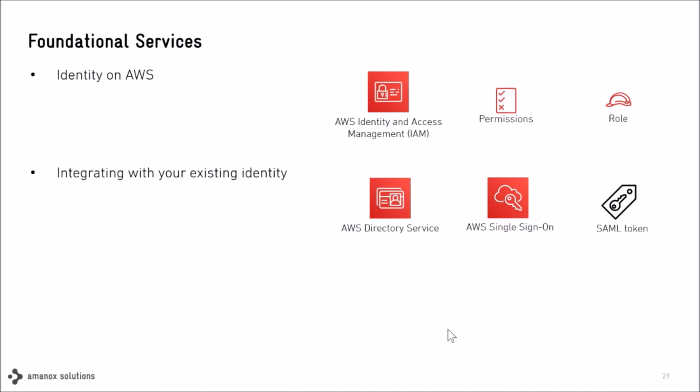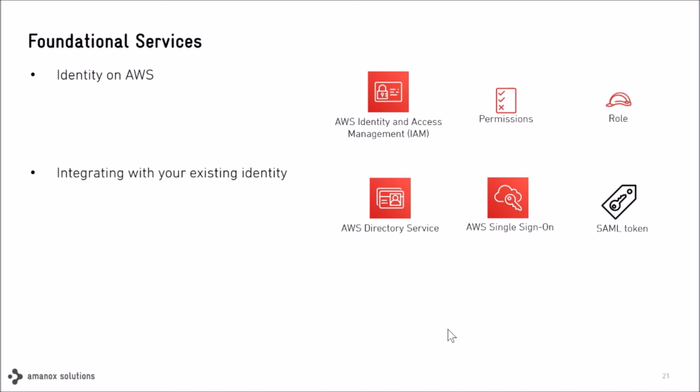So AWS Identity Services allow your identity administrators to create users directly in AWS or to connect to an existing identity source. So directly in AWS, you can use AWS Identity and Access Management. This enables you to manage access to AWS services and resources securely.